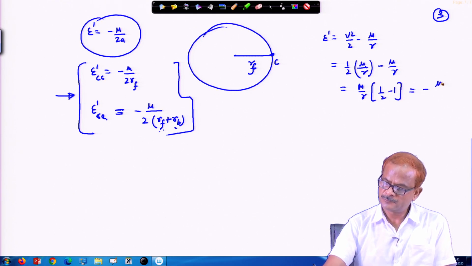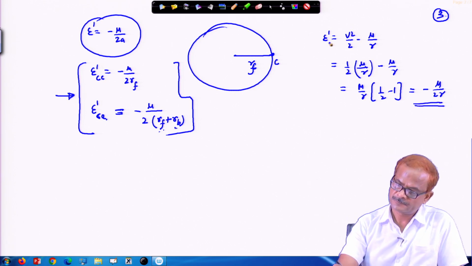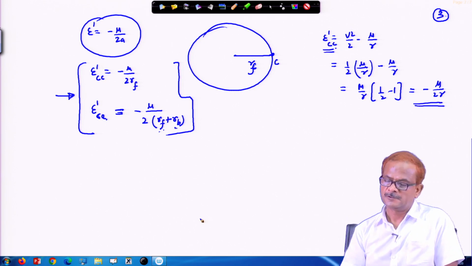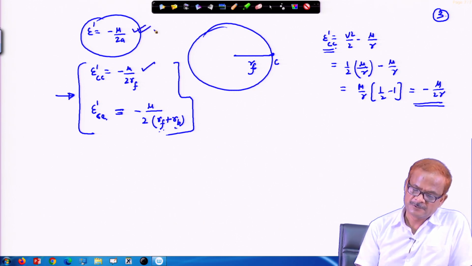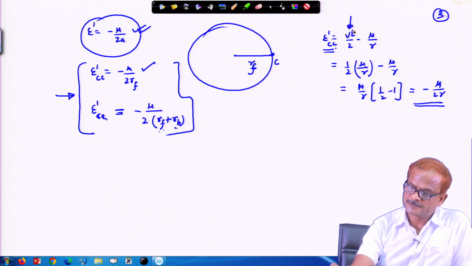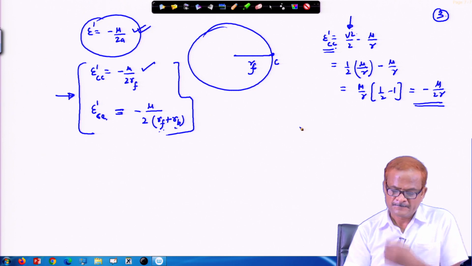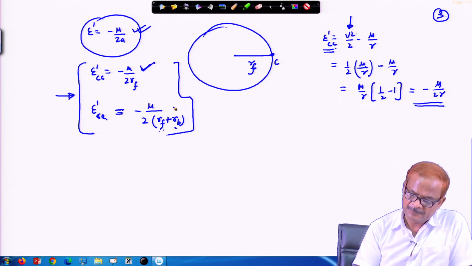So, this is minus mu by 2R, in the circular orbit. This result is valid for both the circular orbit and the elliptic orbit, provided you properly insert the value for V.